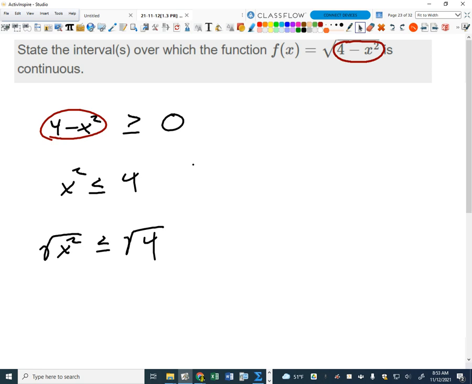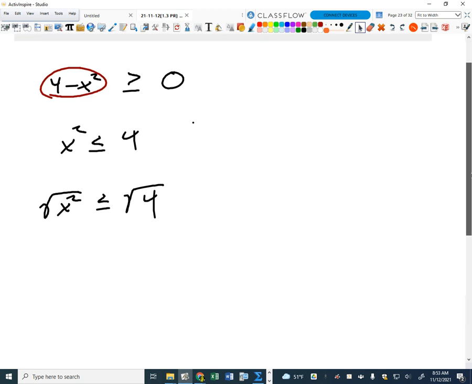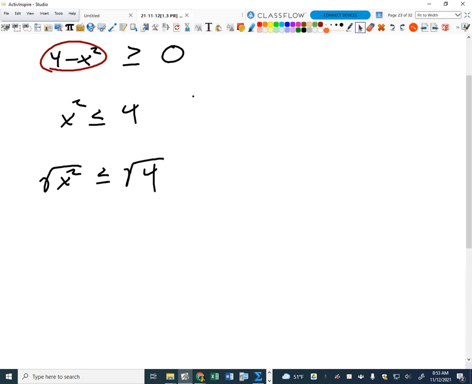So we were solving this inequality. We could either subtract 4 and multiply by -1, which flips the sign, or we could just add the x squared to the other side and then reverse the direction of the inequality. Either way, we end up here.